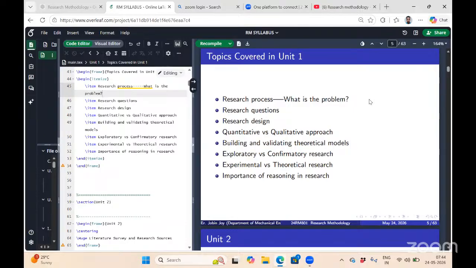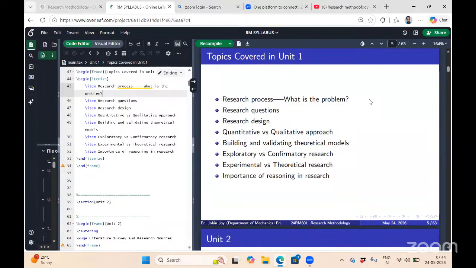For example, in survey design, a researcher may collect opinions from students using questionnaires. In experimental design, a researcher may study the effect of machine speed on production quality. A proper research design improves accuracy, validity, and reliability. Thus, research design is essential for successful and scientific research.